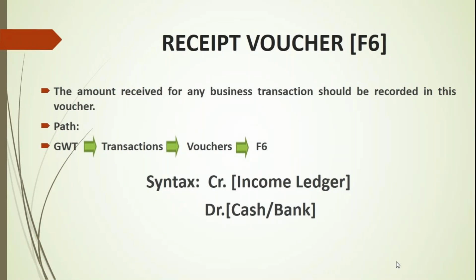So far we have covered two vouchers, contra and payment, and now we step into the third type, the receipt voucher. What is the functional key for the receipt voucher? It is F6: F4 for contra, F5 for payment, and F6 for receipt voucher.